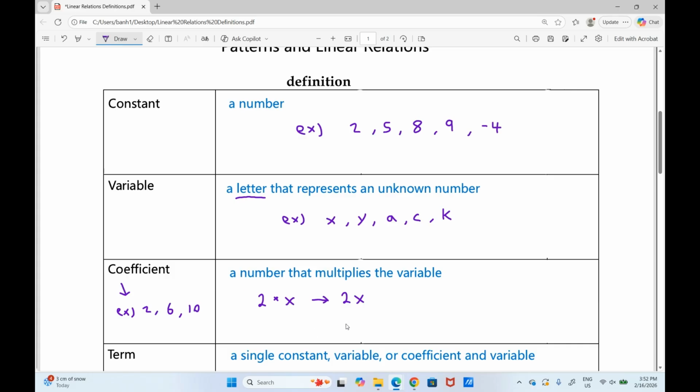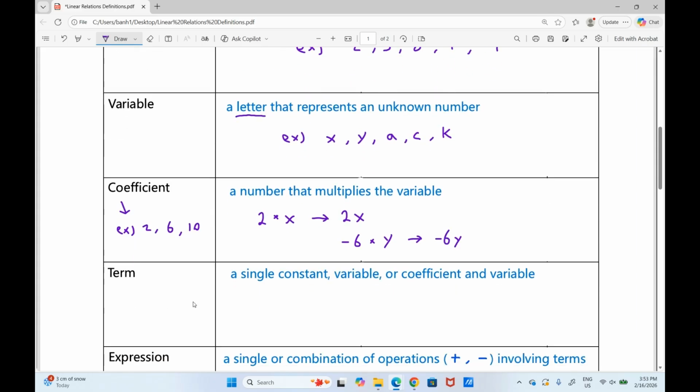Another one would be, let's say I had -6 times y. I would just write that as -6y. And it just implies that I'm multiplying -6, which is my coefficient, to the variable, which is y. Now, a term is just a single constant, variable, or coefficient and variable.